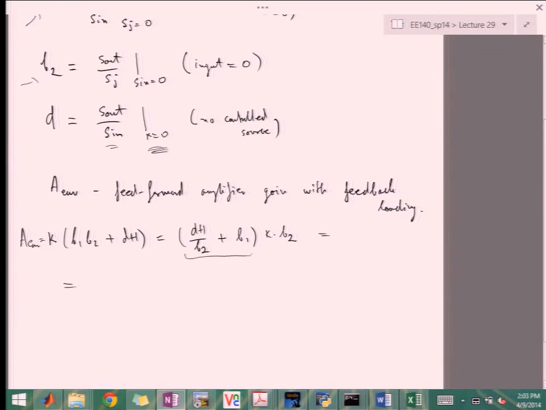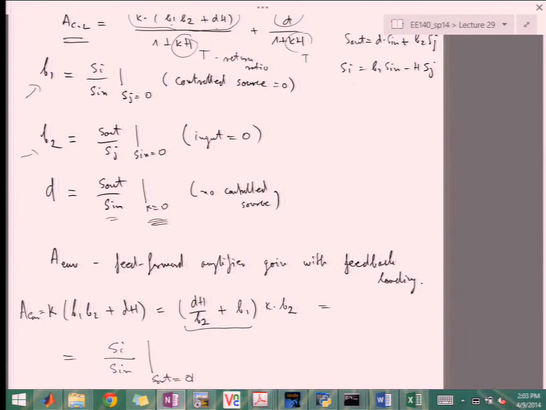This first component is Si over Sin when S out equals 0. Okay. If you don't believe me, let's take a look at these expressions over here.